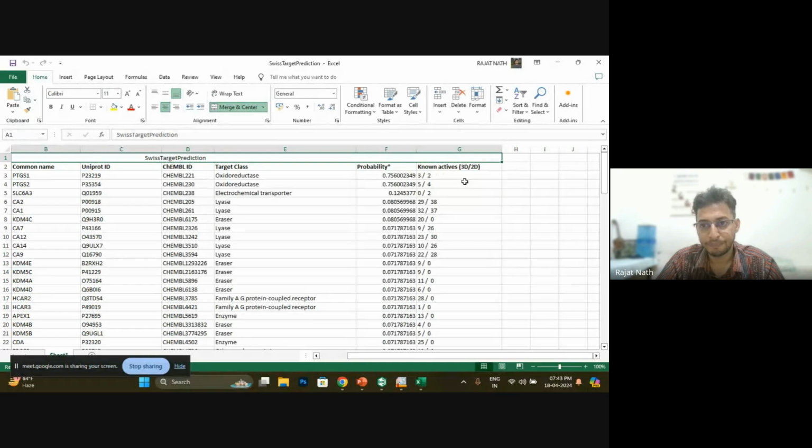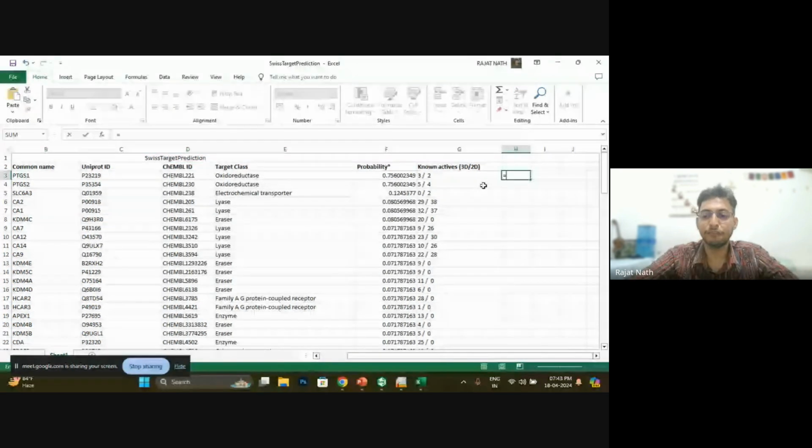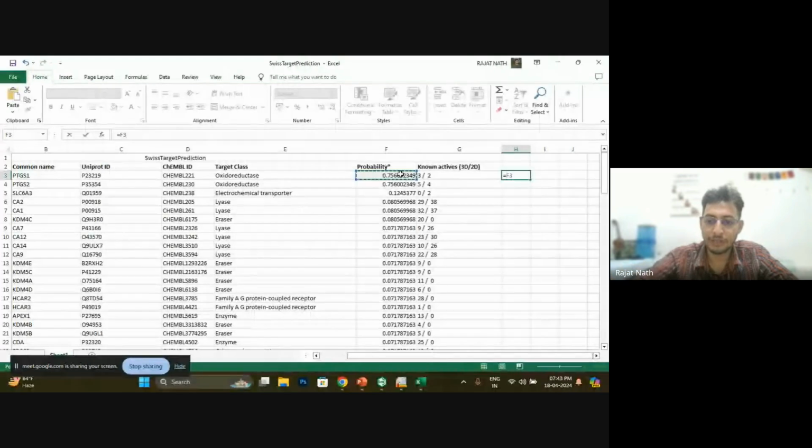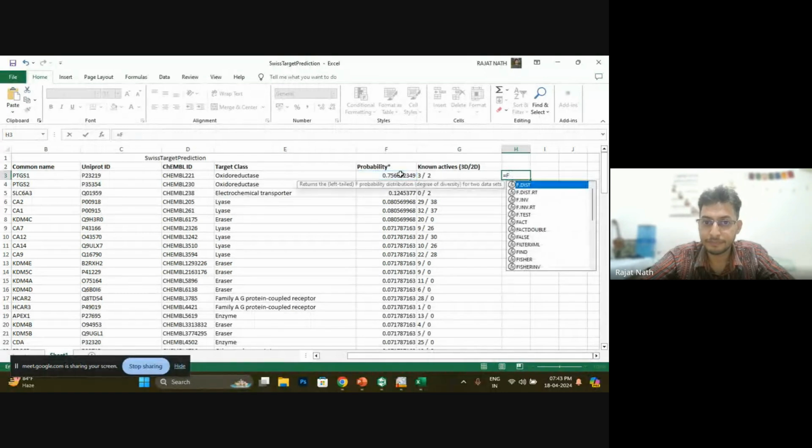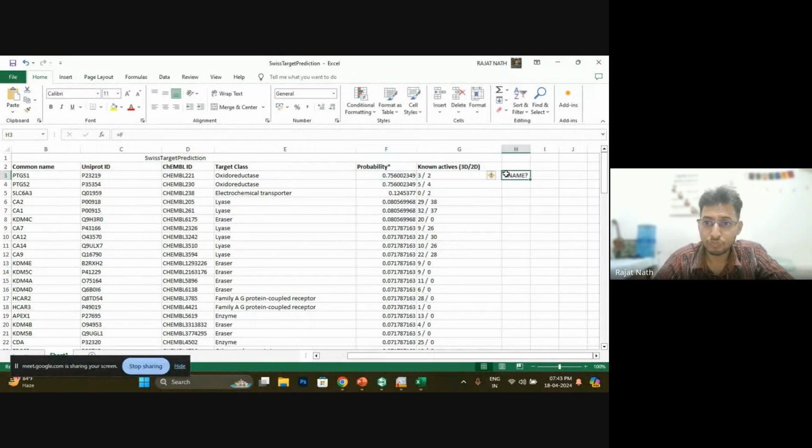You can just give the formula equal to, into 100, and that will be in percentage format.